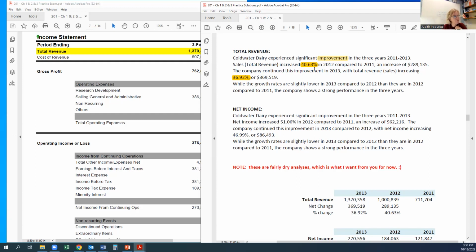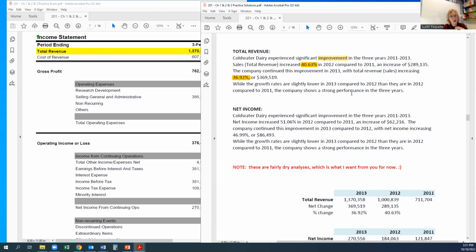The second year we grew 40.63%, but the third year we grew slower. We still grew a lot. Most companies would be happy with this, okay? So we add this sentence, we want to compare the growth rates. Well, the growth rates are slightly lower in 2013 compared to 2012.